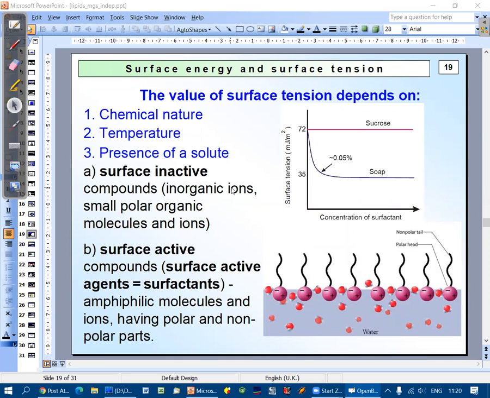Colloidal systems are heterogeneous systems that consist of particles of disperse phase and continuous phase, and there is a boundary surface between them.